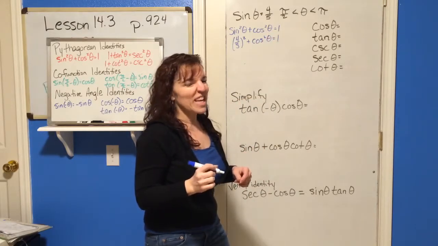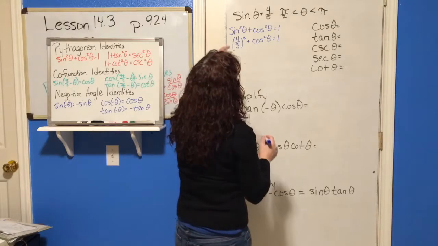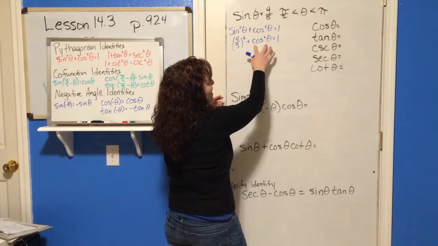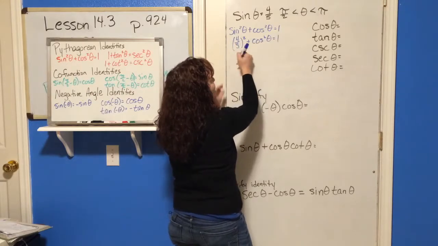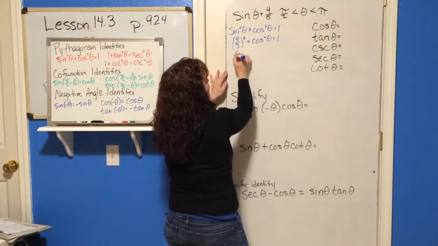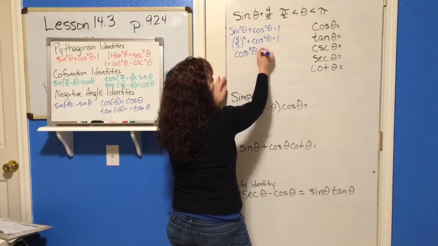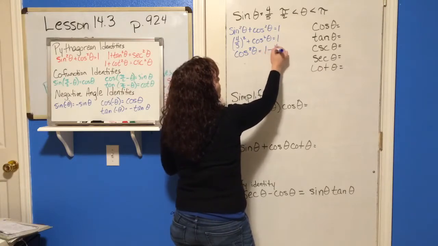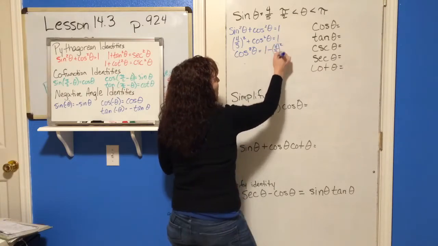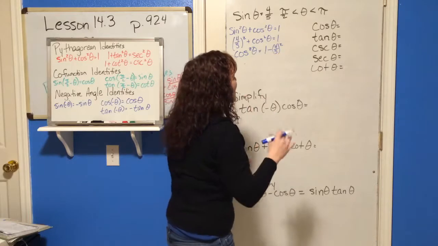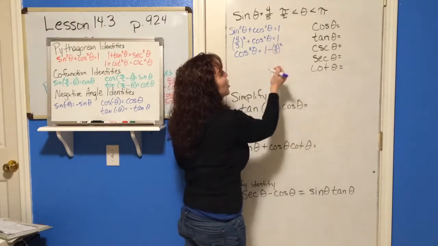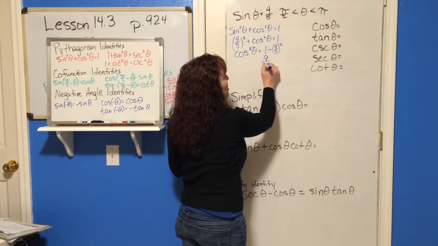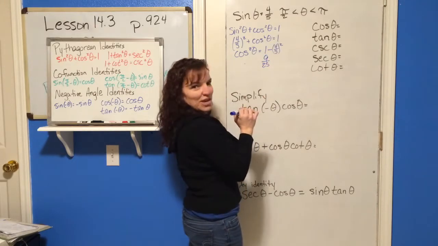All right, are you with me? This is so fun. Okay, so now let's get the cosine squared by itself, so we're going to subtract the 4/5 squared from both sides. So cosine squared of theta equals 1 minus 4/5 squared. Now, if you take 4/5 squared, you get 16 over 25, and if you take 1 minus 16 over 25, you have 9/25 left. All right, did you follow all that?